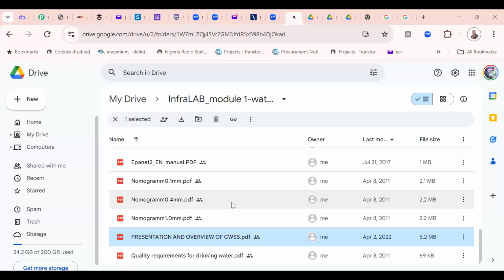That value is the friction factor. The one we are using now is PVC or MPVC. That's the one we are using, nomogram 0.1, because the friction factor is very low.